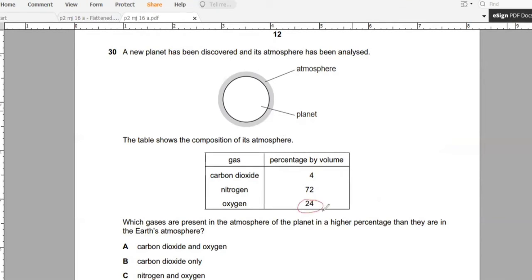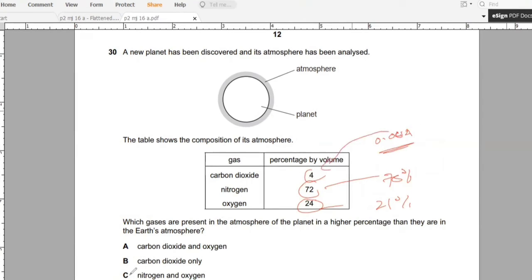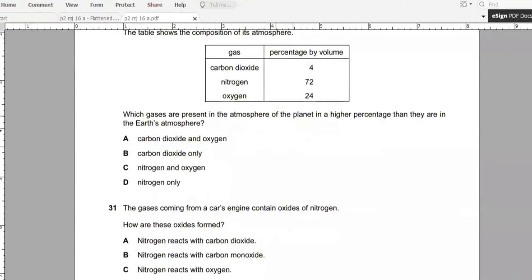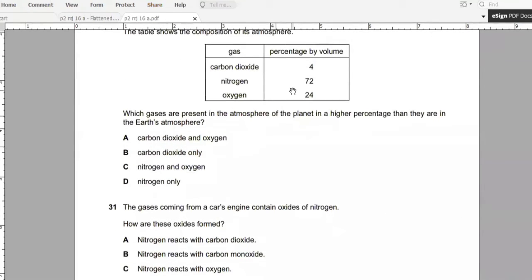Oxygen is closely 21%, and nitrogen is also closely 76%. But for carbon dioxide on Earth, we have only 0.004%, right? 4 is too much, right? So it's supposed to be carbon dioxide and oxygen. There is a little more difference.